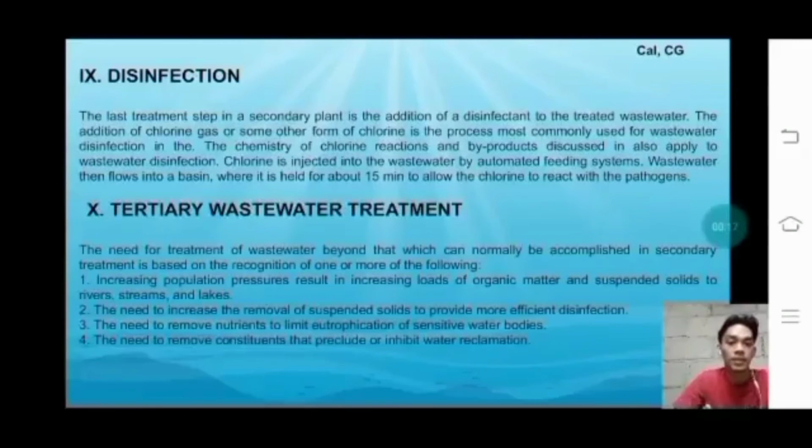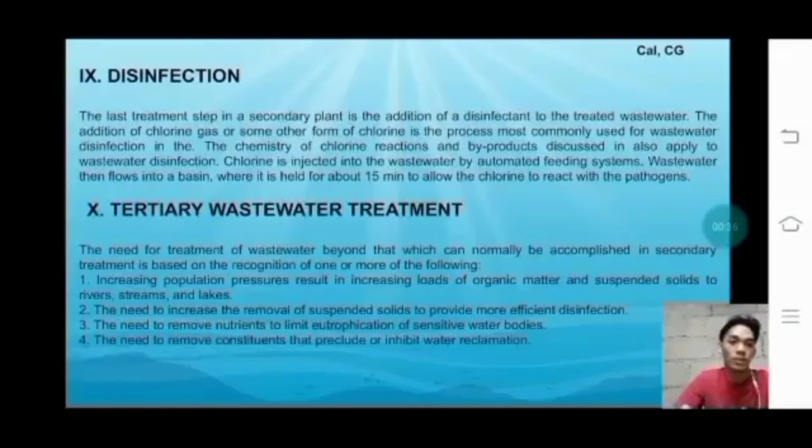Number 9, disinfection. The last treatment step in a secondary plant is the addition of a disinfectant to the treated wastewater. The addition of chlorine gas or some other form of chlorine is the process most commonly used for wastewater disinfection.